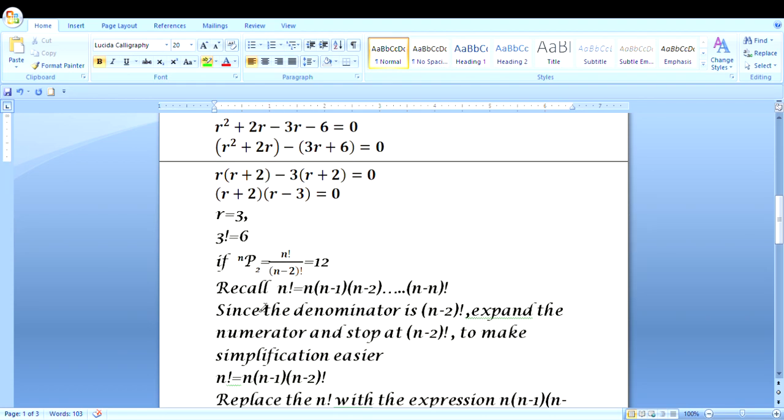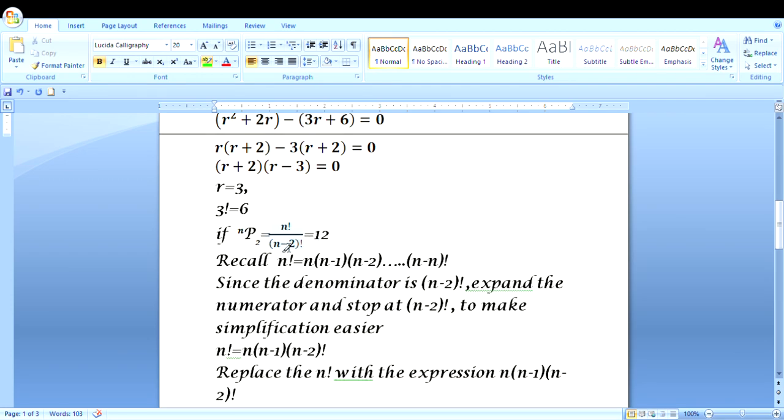So the other question is, if nP2, which is n factorial divided by (n minus 2) factorial, is equal to 12. What we did here was to find an expression for nP2, which is n factorial over (n minus 2) factorial. Now we recall that n factorial can also be expressed as n times (n minus 1) times (n minus 2) factorial.